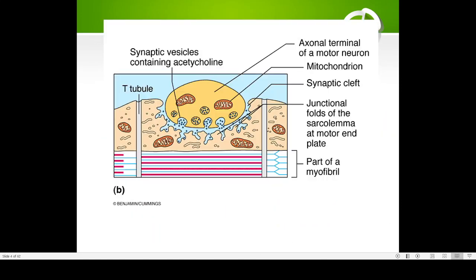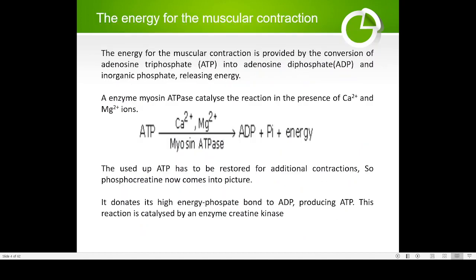Here you can see that muscle contraction needs a certain energy. The muscle contains an enzyme known as myosin ATPase, and this myosin ATPase will be working on the ATP molecule, converting it into ADP, one inorganic phosphate, and a certain amount of energy. That is the energy which is used by the muscle for contraction.